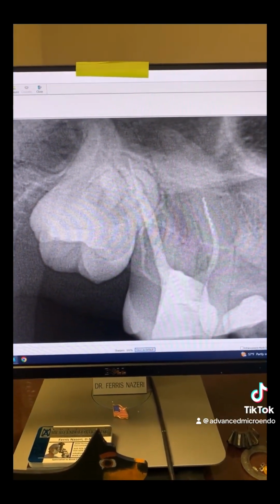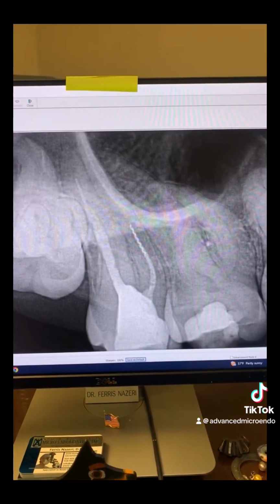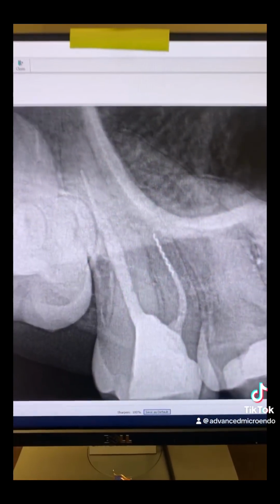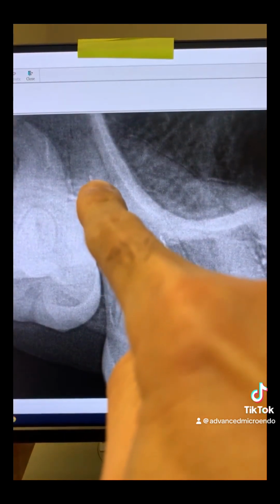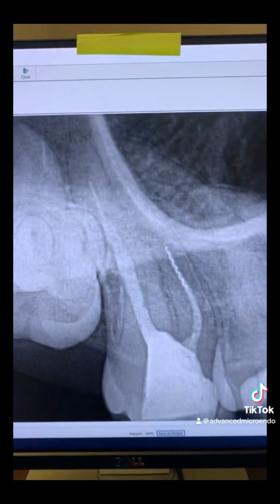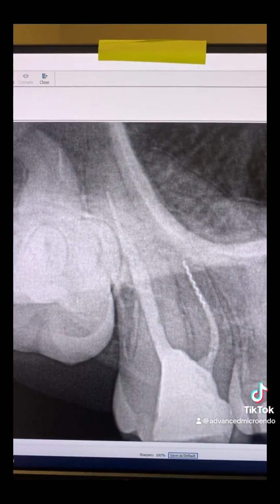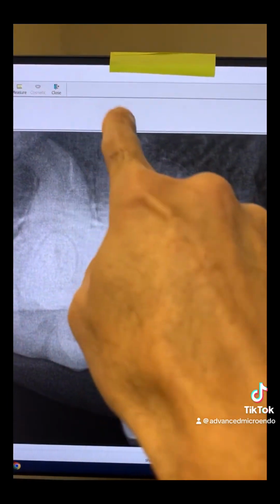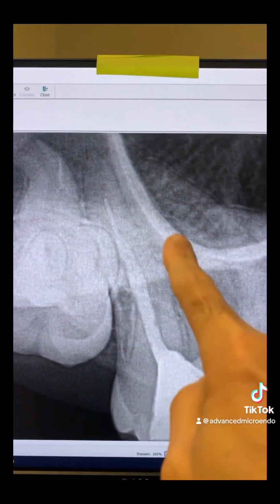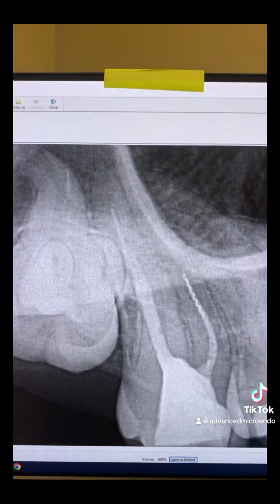Let's look at a different angulation. Again, you can see the broken lentulo here, palatal canal there. Look how short that fill is. Look at that. Look how short. No periapical lucency. No periapical lucency here either.